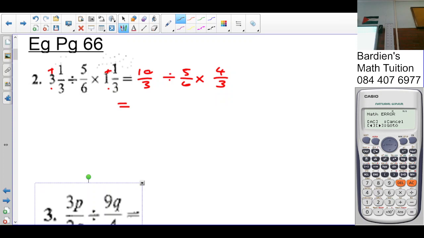Now we change this to multiplication. We don't cancel it first. It becomes 10 over 3 times 6 over 5 times 4 over 3. It is only the fraction that follows the division that is turned upside down. You must look here.